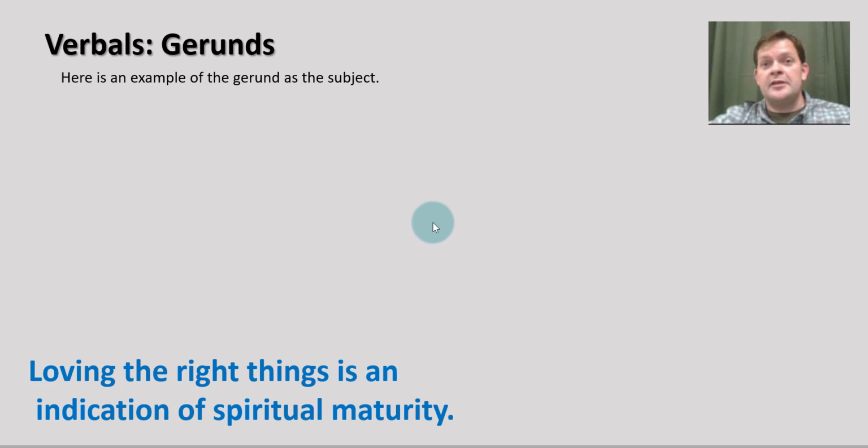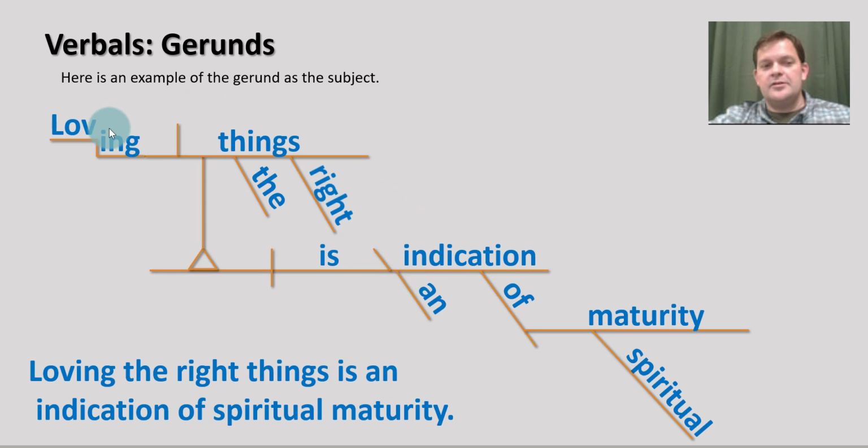So let's look at what that sentence will look like. If you want to pause the video before I bring it up and attempt to diagram this on your own, it would be good practice. But here we go. Here you have it.